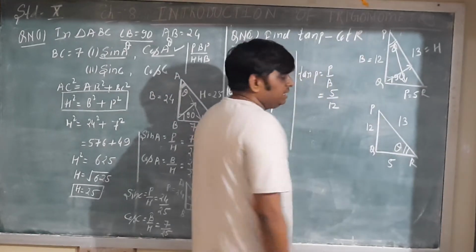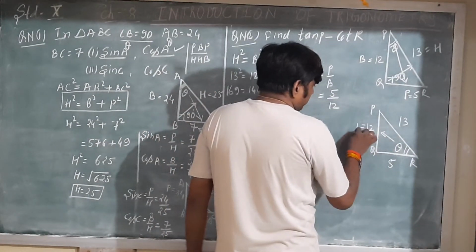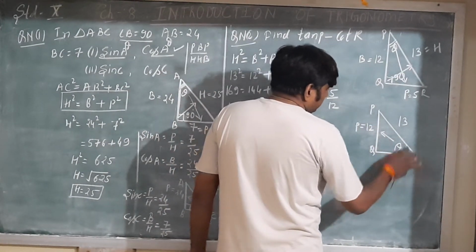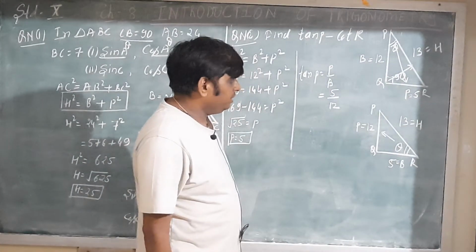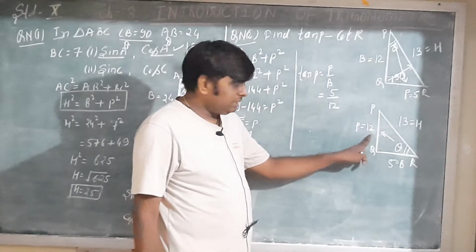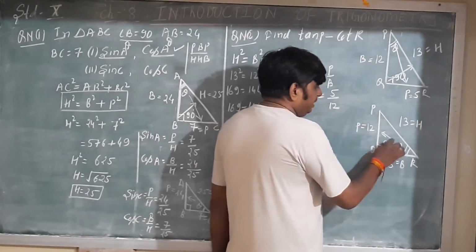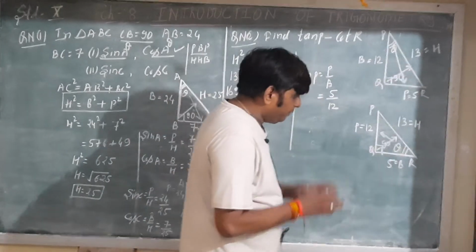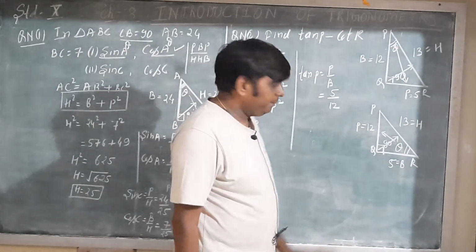If theta is R, then the side opposite theta is the perpendicular, this is the base, and this is the hypotenuse, right? The side opposite the 90 degree angle is the hypotenuse, and the side adjacent to theta is called the base.